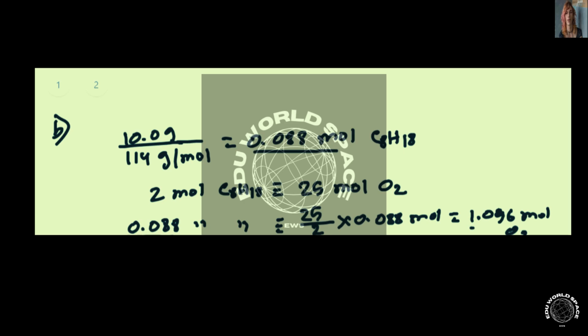0.088 mole octane. And again, we can find out the mass of oxygen for this number of mole of oxygen, which is simply we have to multiply this number of mole by the molar mass of oxygen.